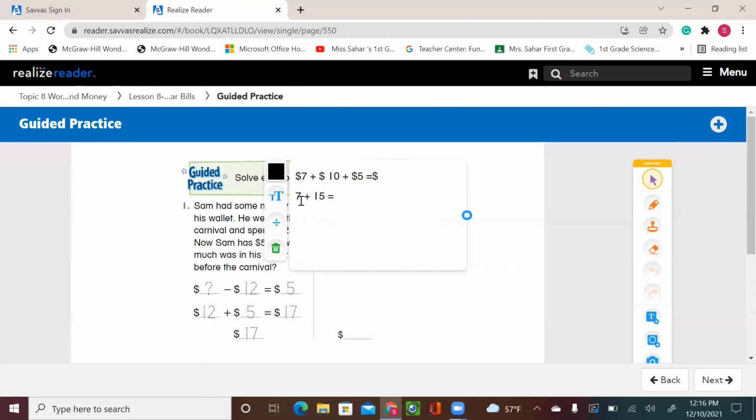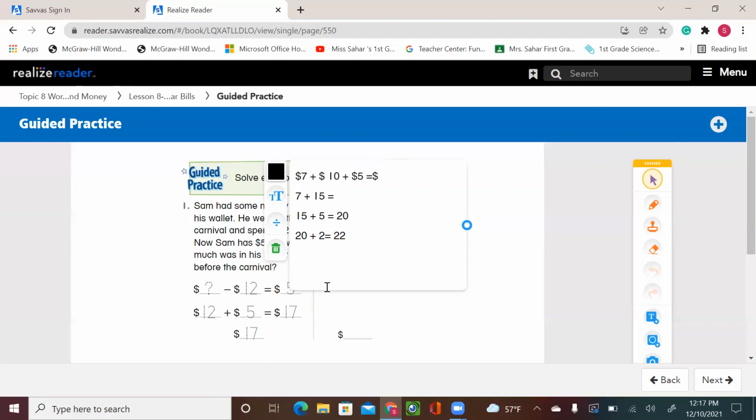I can break apart the 7 into 5 and 2. So I'm going to say 15 plus 5 equals 20. And then I know that I still have 2 left. So 20 plus 2 equals 22.